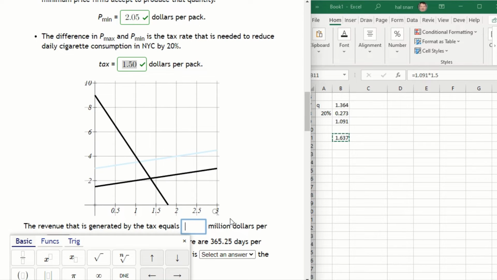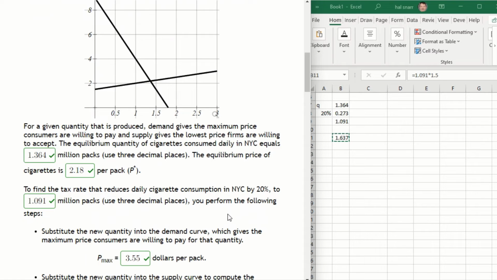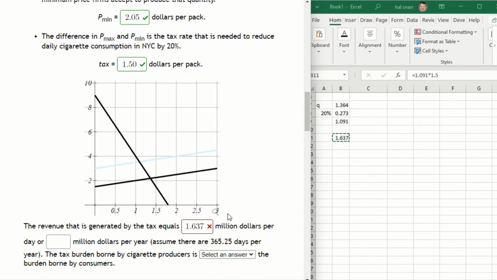So this is, remember, it's in millions, right? So 1.637. Okay, in 2 decimals is 1.64, right? That's per day. So what is it per year? Well, we're going to assume that in the typical year, there's 365.25 days per year, right?